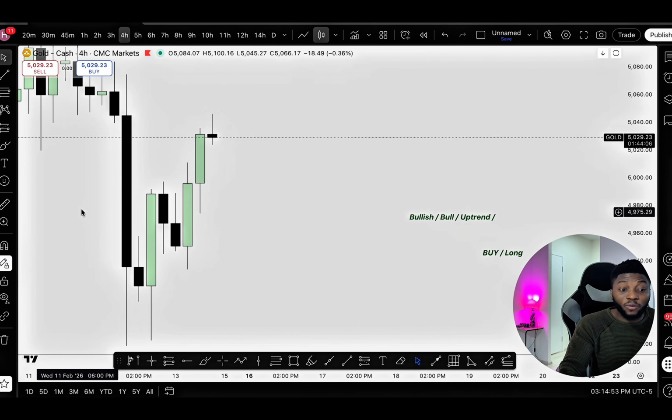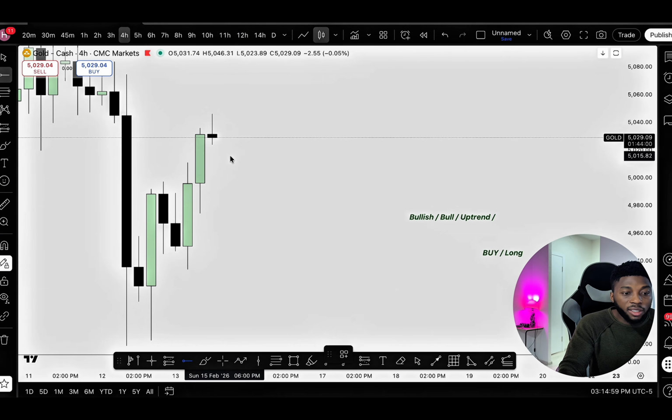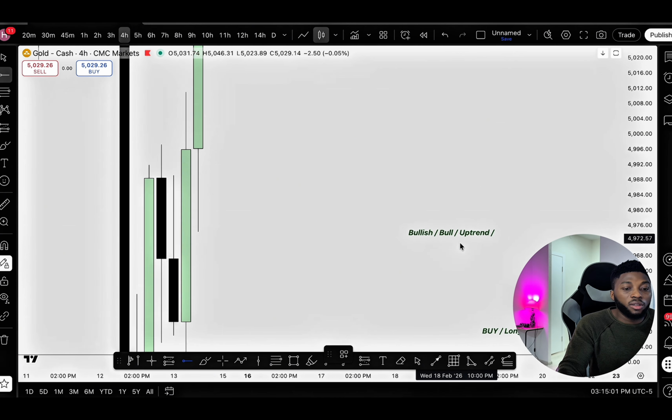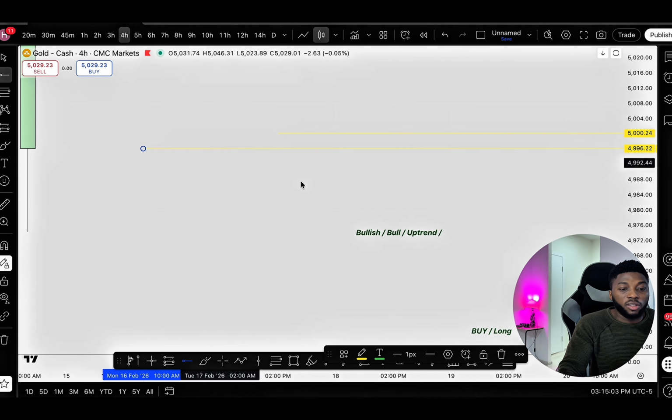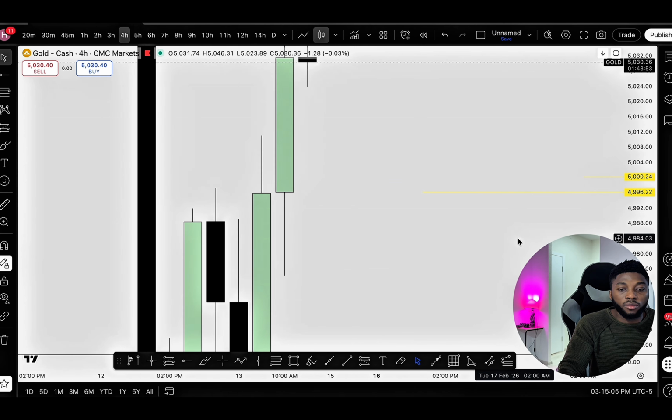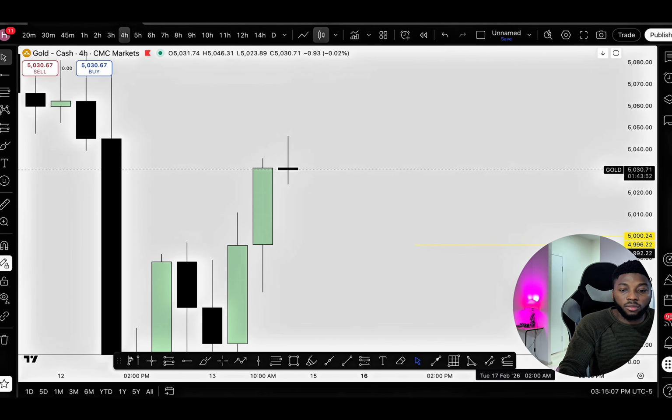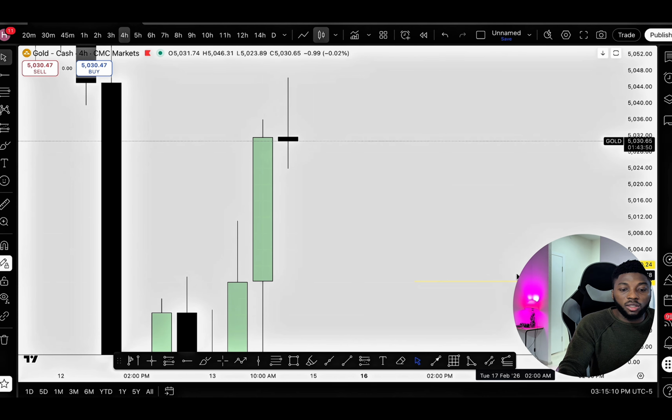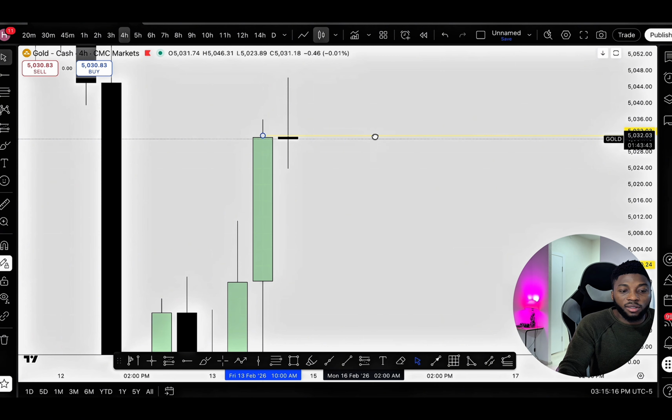But for now, this is the opening, right here. Let me zoom in very well. So we should take note of that. Yeah, of course, this is the opening.